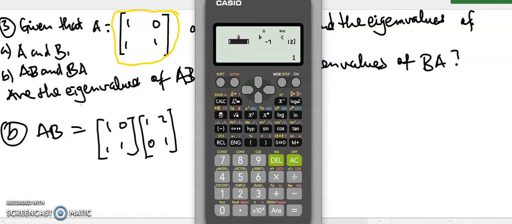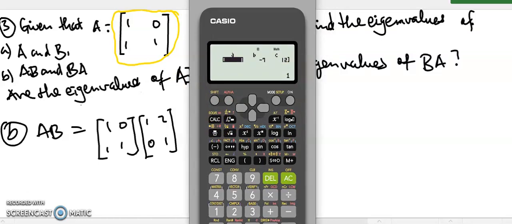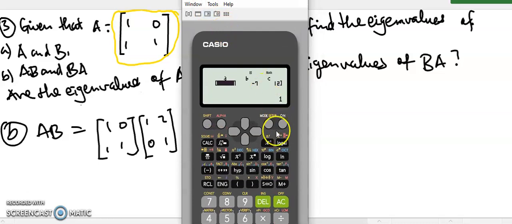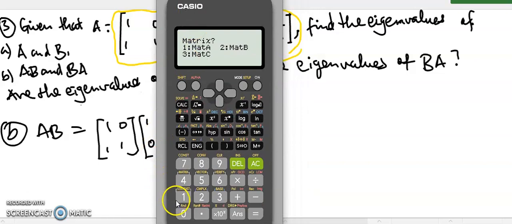So let's use the calculator to multiply the two matrices. First of all, you go to your mode. Matrix is number 6. Let's take matrix 1, and it is 2 by 2.